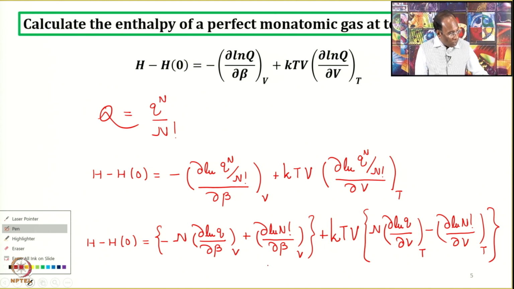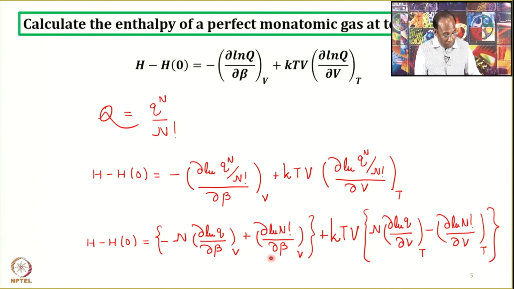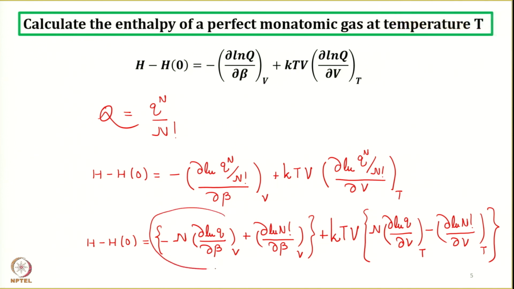It is easy to recognize that these are constant numbers, and the derivatives of log n factorial will become 0. So, we can simply ignore this. We need to consider only this part and this part, because the other parts are 0. Let us carry this forward.